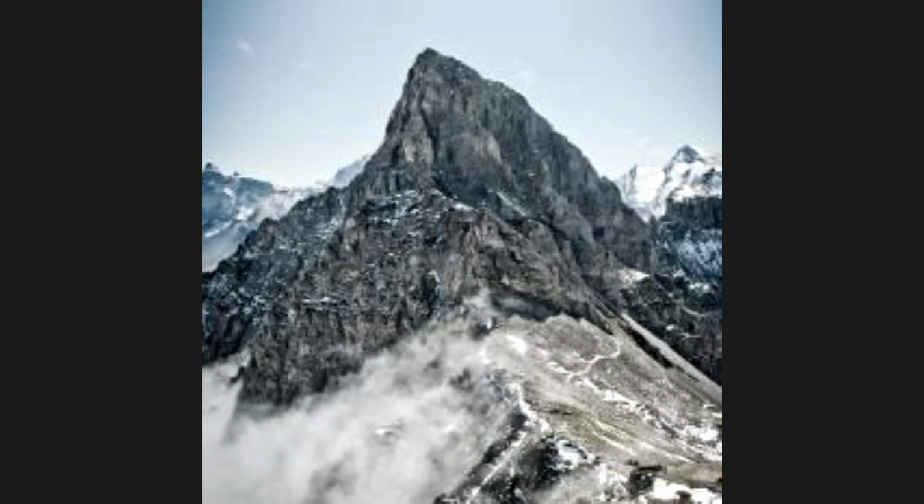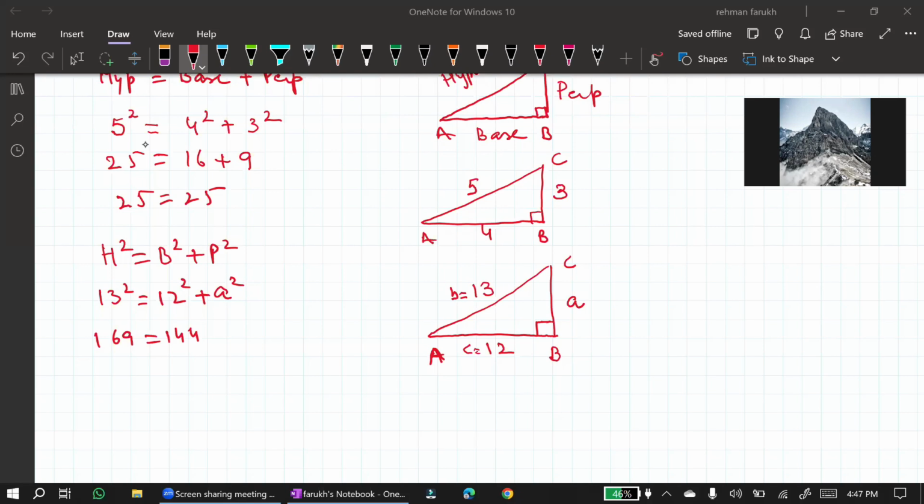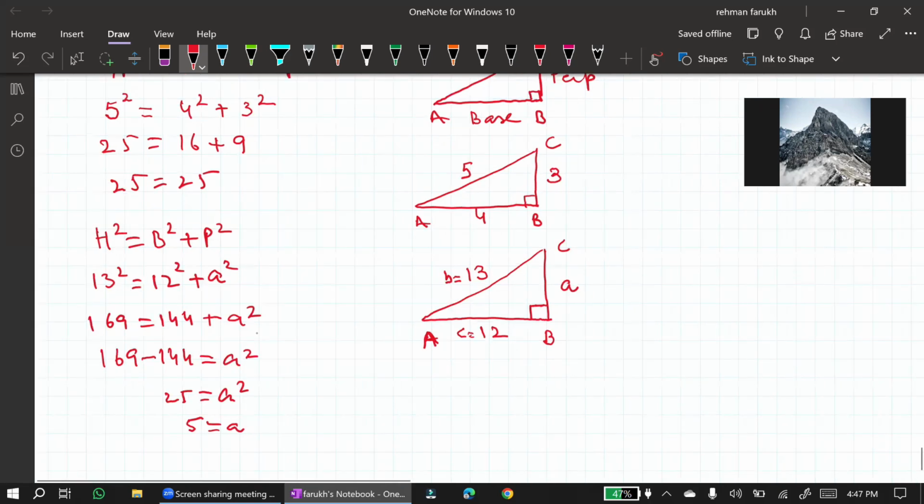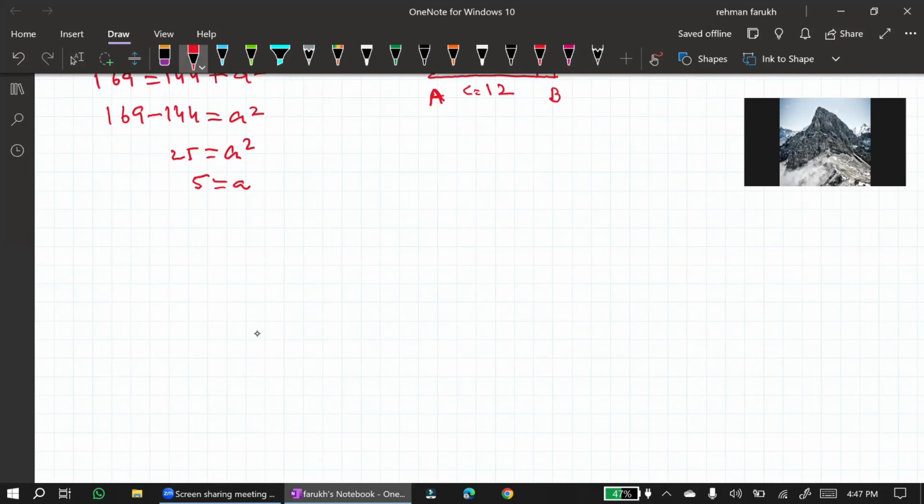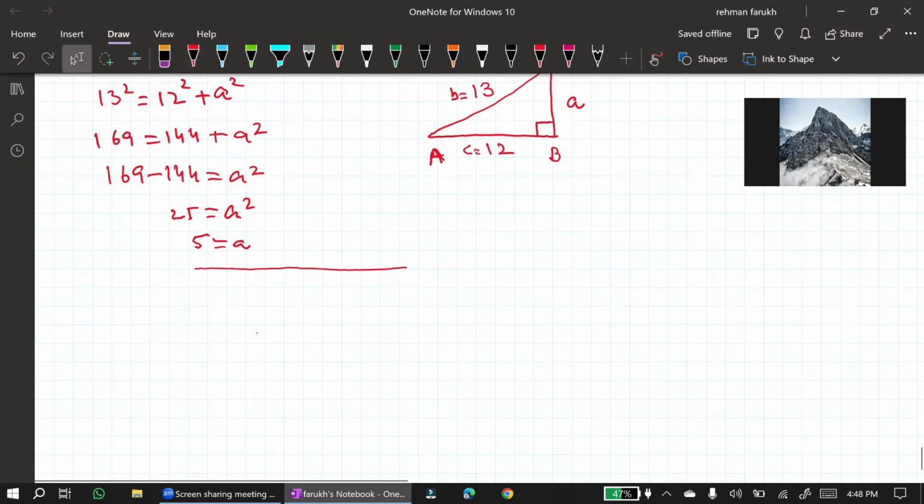Now 169 is equal to 144 plus a square. 169 minus 144 is equal to a square. a square is equal to 25. By taking the square root, the value of a is 5. So with the help of Pythagoras, we can find out the third side of the right angle triangle if the other two sides are given. Now, we will talk about the ratio of the sides of the right angle triangle.